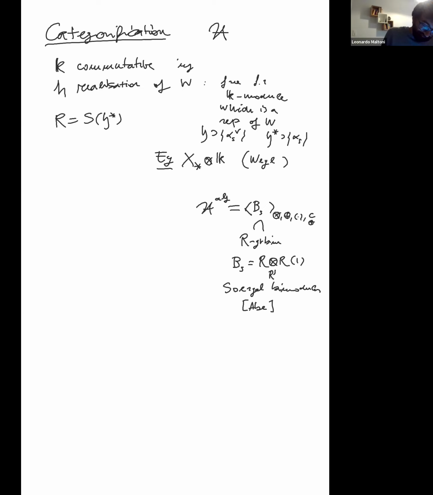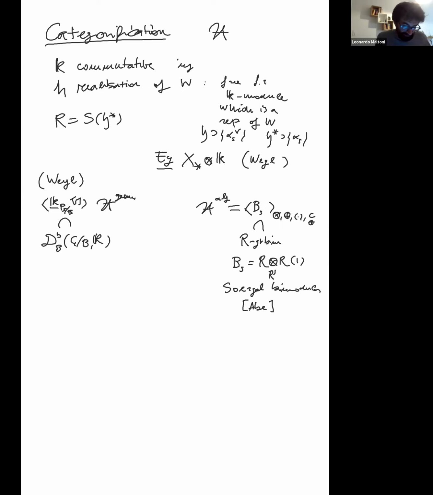So this is the algebraic version. Then we have a geometric version, which is only available in the Weyl case, so not for any Coxeter group, which this time is a subcategory of the equivariant derived category of sheaves on the flag variety with coefficients in K, generated by the constant sheaves over the minimal Schubert varieties, which are not trivial, shifted by 1, by the same operations.